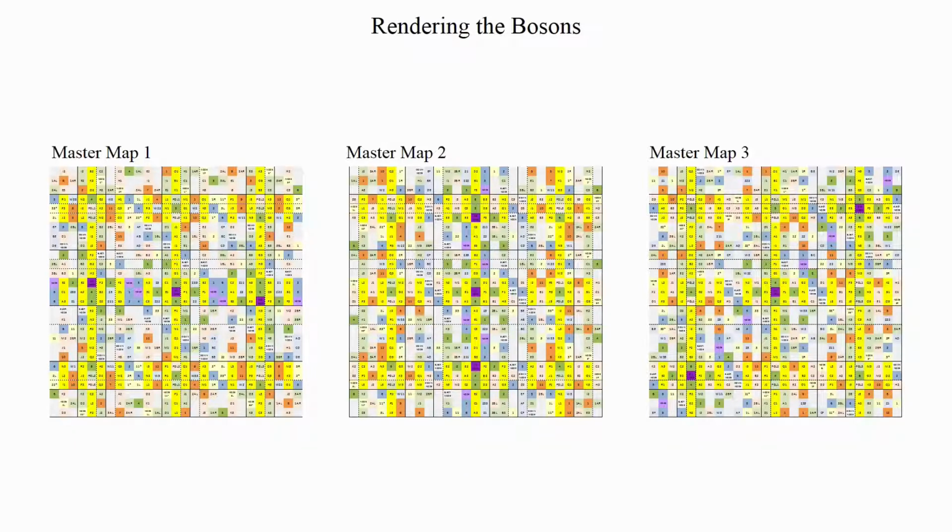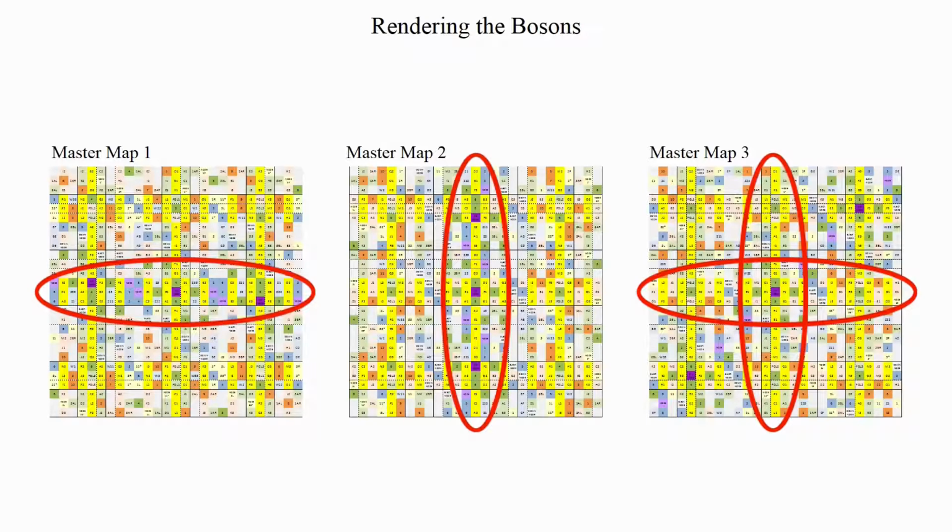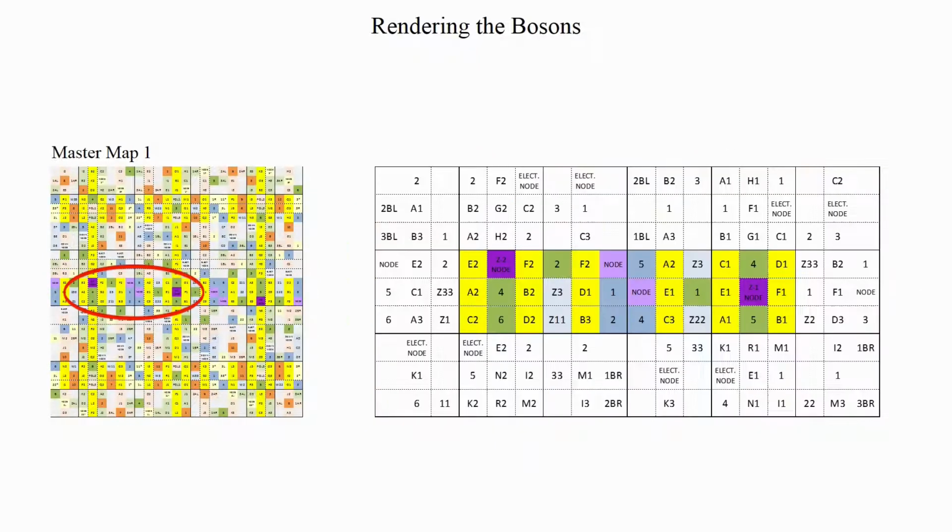By again juxtaposing our three master maps, we notice that central zone 1 nests and knots circled red remain in fixed position. All other knots are offset, appearing to undergo a clockwise or counterclockwise precession, depending on our vantage.